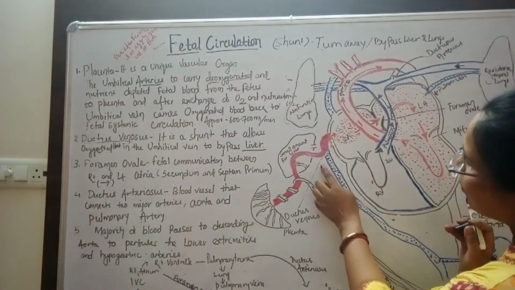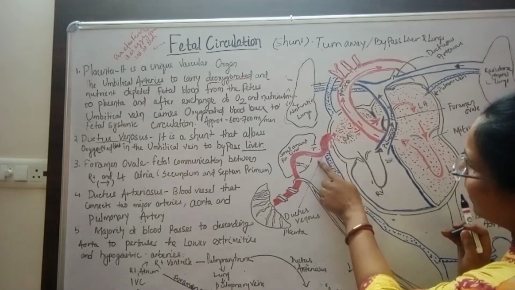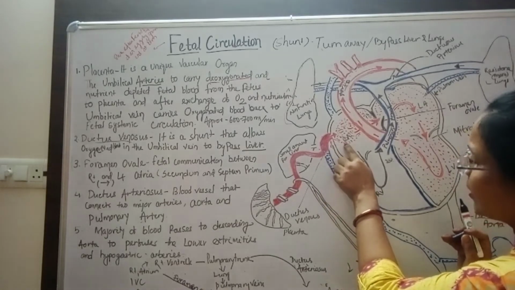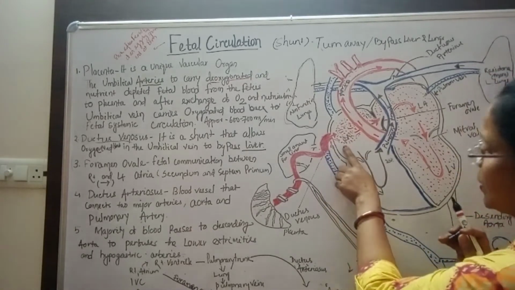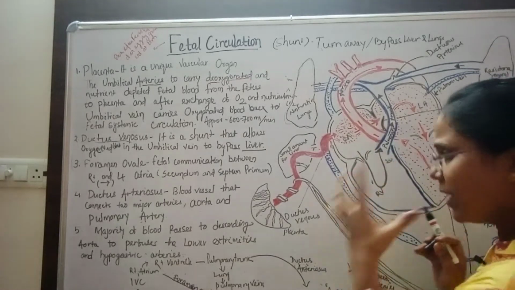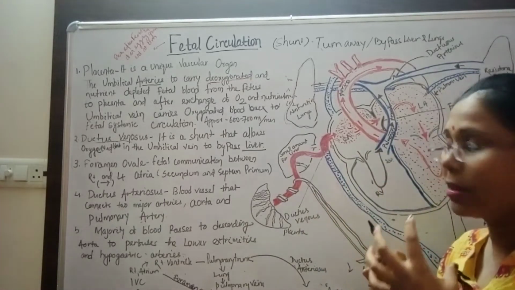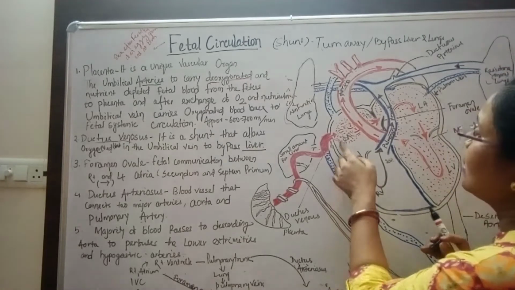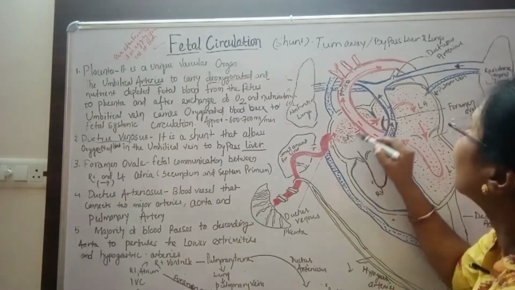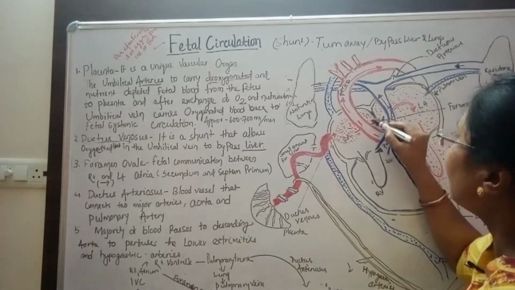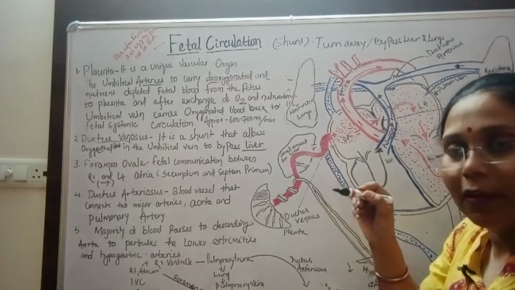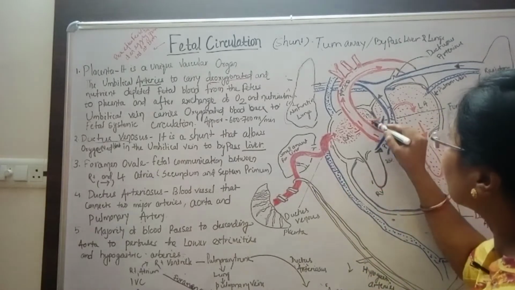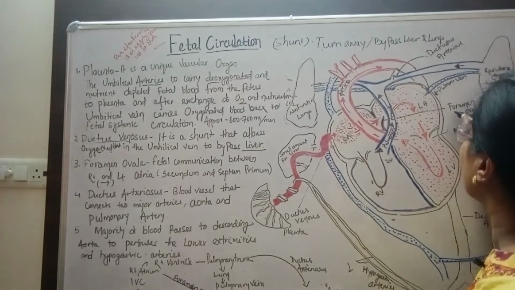Next, the blood moves to the right atrium. In the right atrium there is pressure of blood, so due to the pressure the blood moves from the right atrium towards the left atrium through an opening that is present only in the fetus, called the foramen ovale.